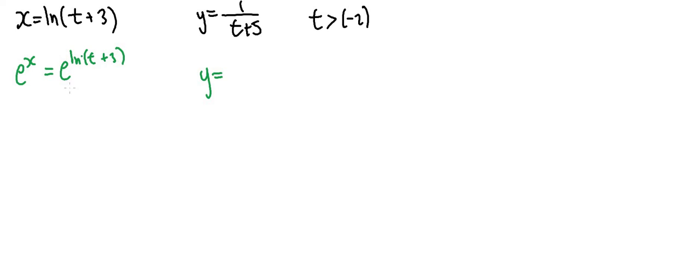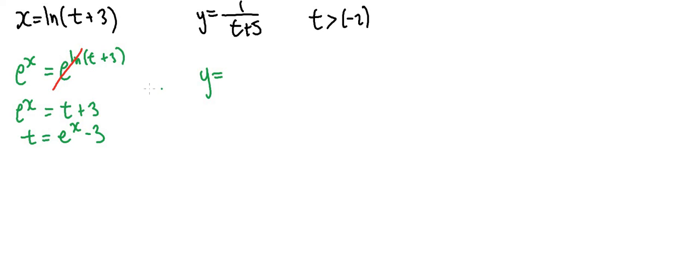These two are inverses of each other, so they just cancel each other out. That means we've got e to the x is equal to t plus 3. Now all I have to do is put t on its own, and t is equal to e to the power of x minus 3.